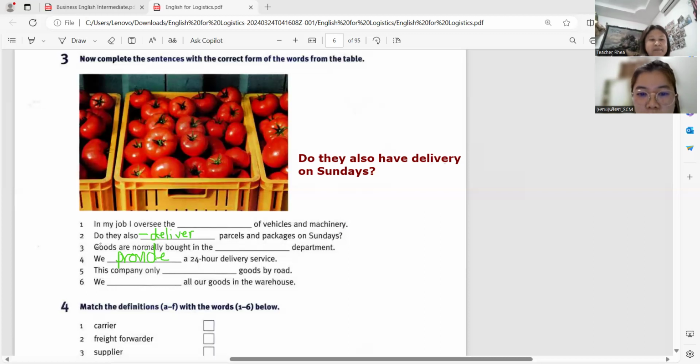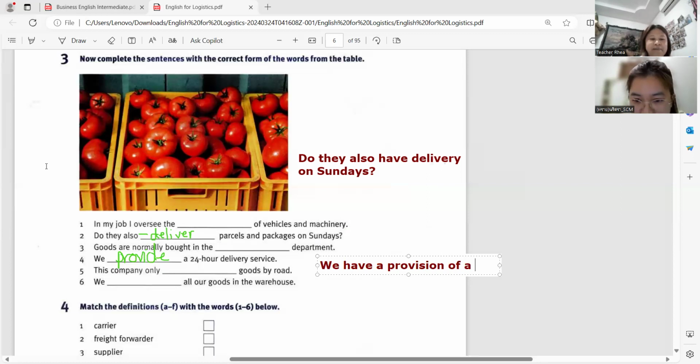We have provision. Yes, we have a provision of a 24-hour delivery service.